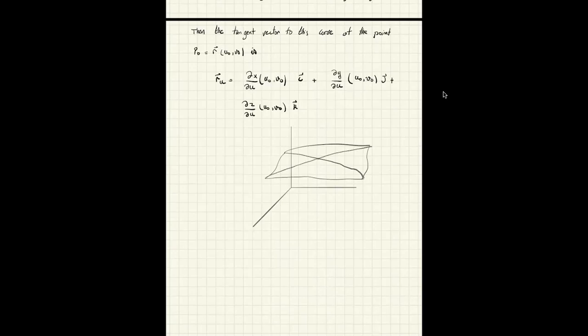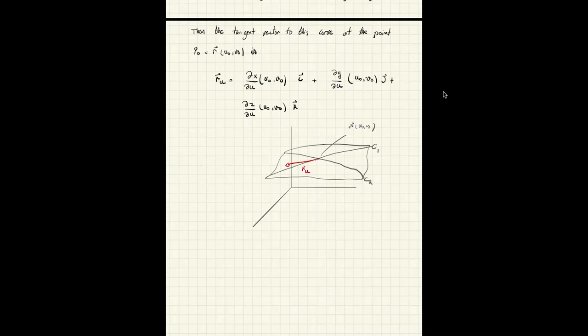This is the point r(u0, v0). You have one tangent vector that goes along this direction. The same thing will apply: this is the curve C1, and this is the curve C2, right?